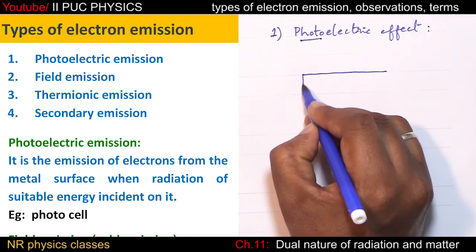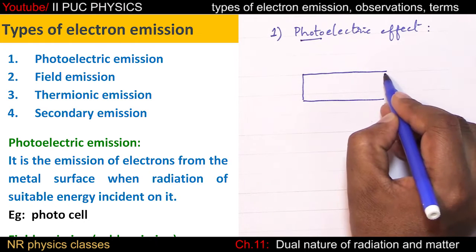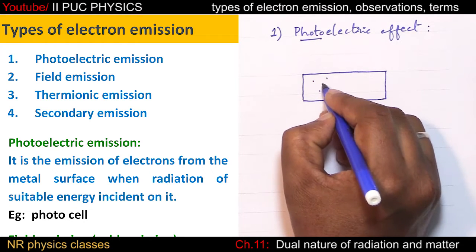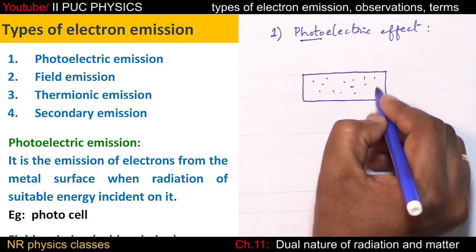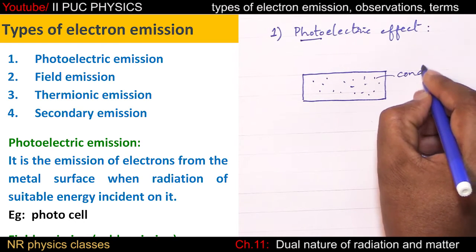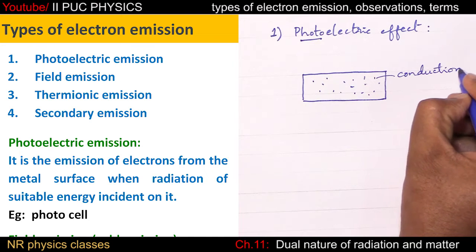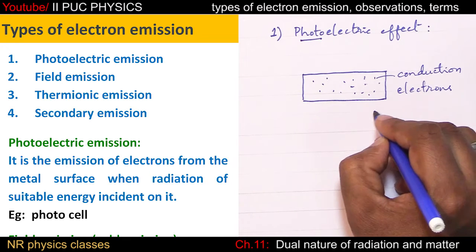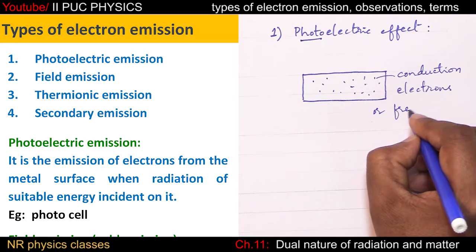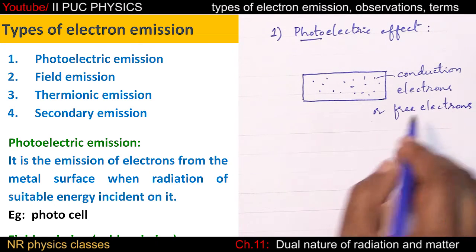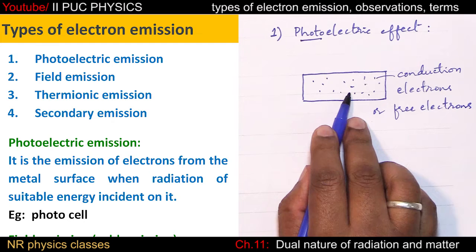Let this be a metal. Why a metal? Because there are conduction electrons. These conduction electrons are also called free electrons, isn't it? Conduction electrons or free electrons, because I am talking about metals.